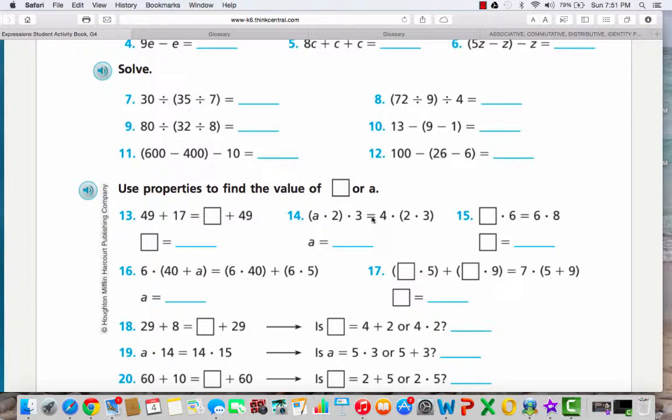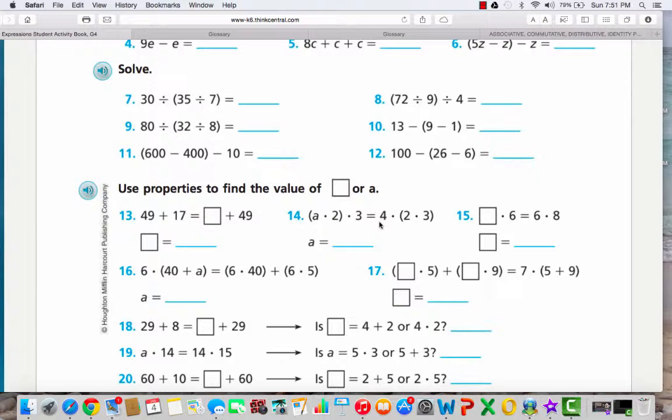I cross numbers out to give myself more of a heads up. So A should equal the only digit that's left, which is 4.